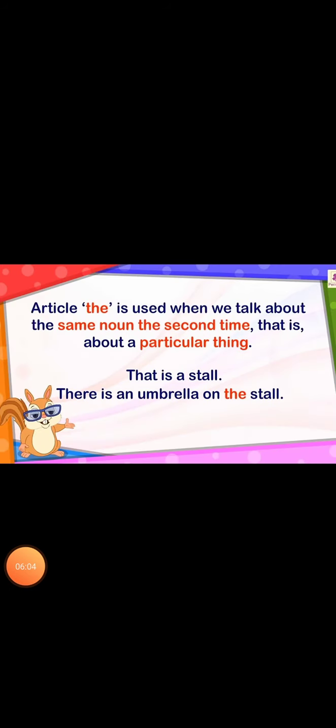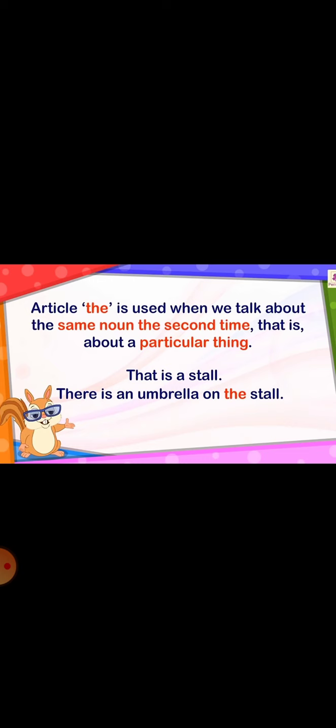And the article the is used when we talk about the same noun the second time, that is, about a particular thing. For example, that is a stall. There is an umbrella on the stall. The stall is a particular stall. In that particular stall only that umbrella is available.